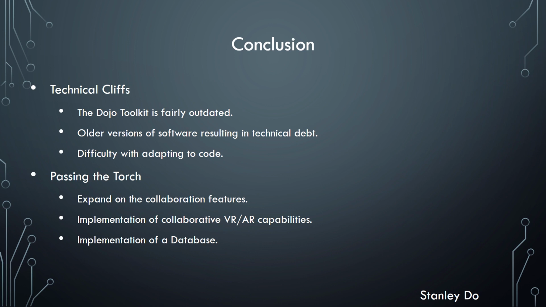We pondered whether we should implement a NoSQL database or a SQL one, but we never really got around to it due to its complicated learning curves and structures with the server infrastructure.